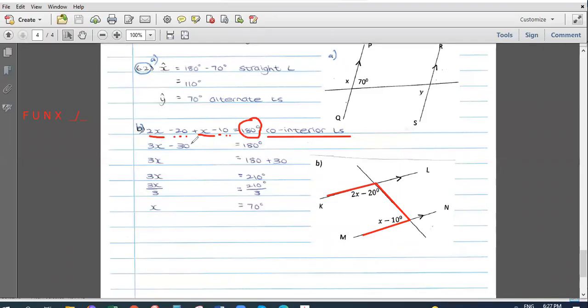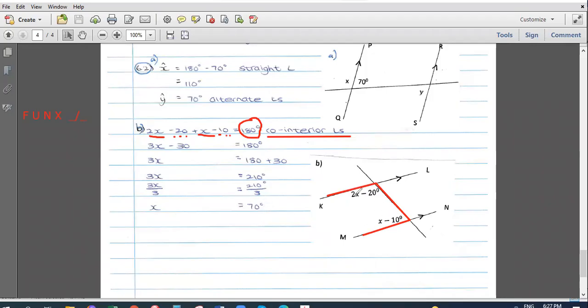We need to solve for x, so negative 30 changes to positive and comes onto this side. So 3x is equal to 180 plus 30, which means 3x is 210. To solve for x, we need to divide by 3. We get x equals 70.